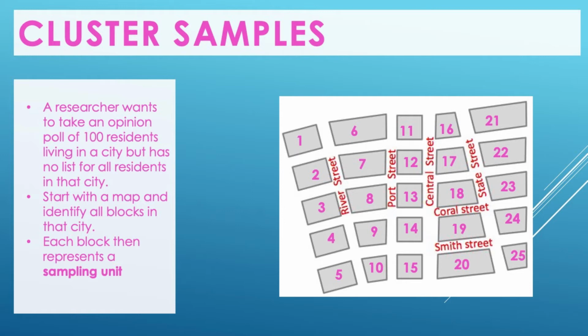We have enough resources to interview 100 residents, and all of our potential elements, the people we are potentially going to interview, are randomized throughout this city with 25 blocks on it.